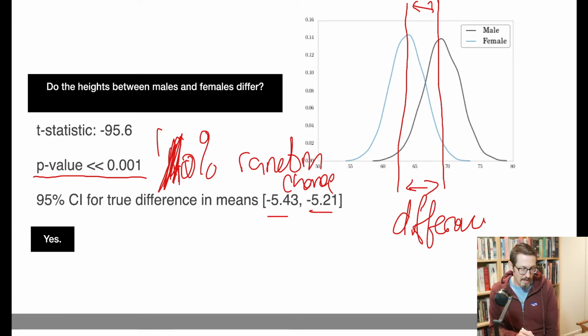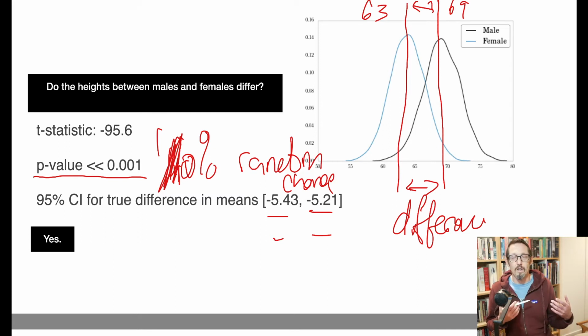It wouldn't be exactly this 63 and 69, right? We might get a decimal point difference, right? So we would get another measurement for the difference between males and females. But if we did this a gazillion times, then we would expect that 95% of those gazillion, that difference was between 5.4 and 5.2. All right?